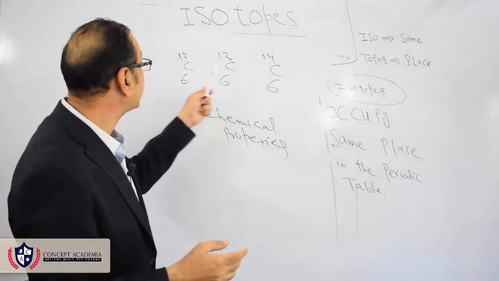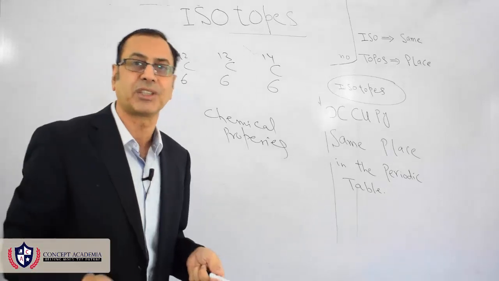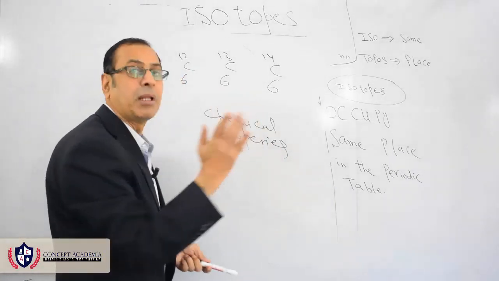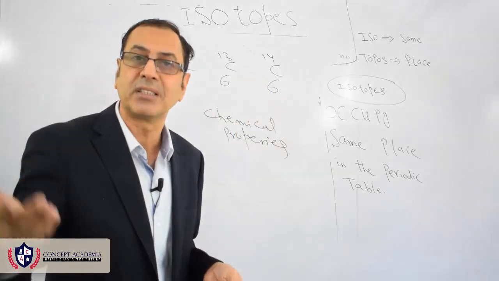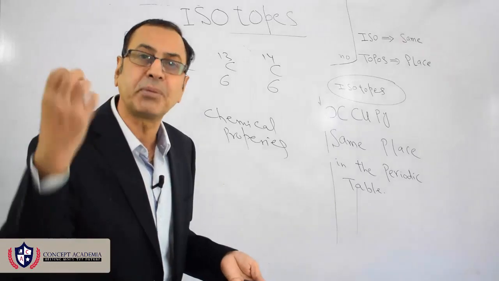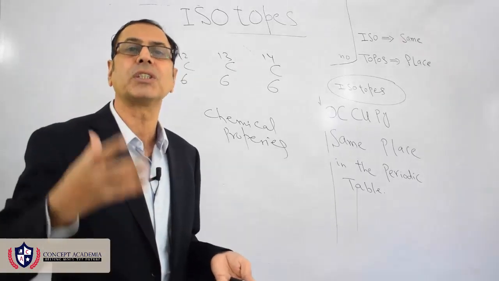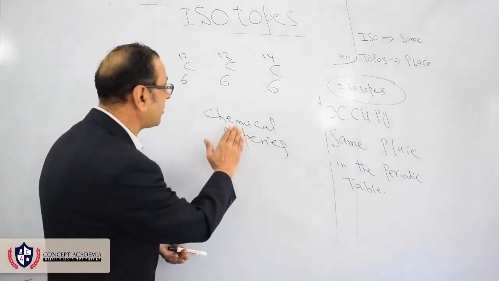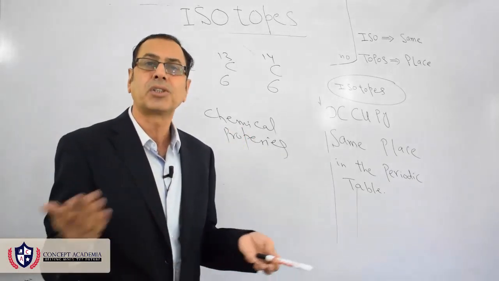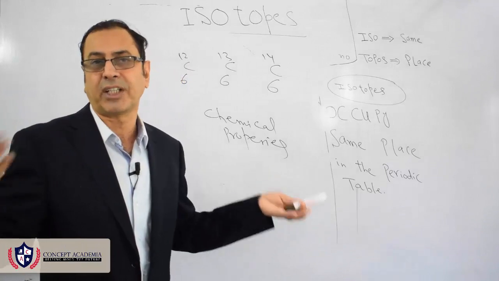So the chemical reactions of these carbons will be the same. This carbon will combust, and similarly all carbons will combust in the same way, in the same fashion. Their chemical reactions will be the same, because chemical properties and chemical reactions depend upon proton number.